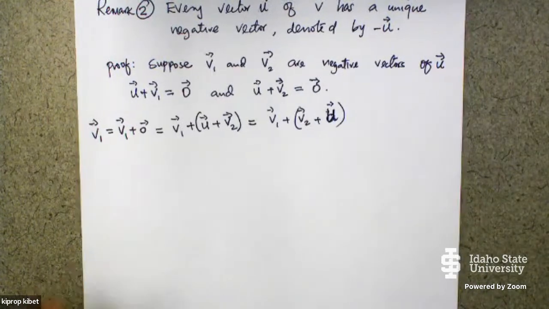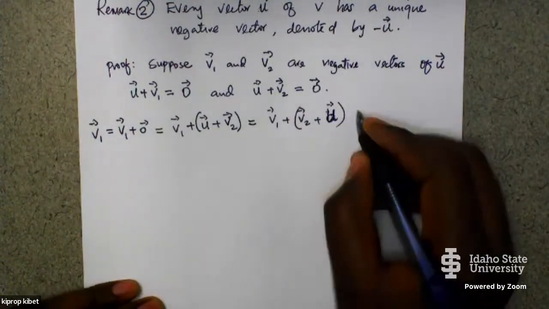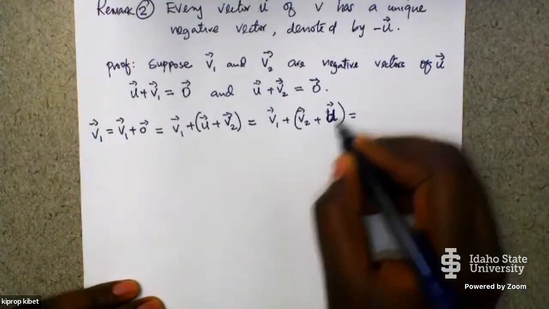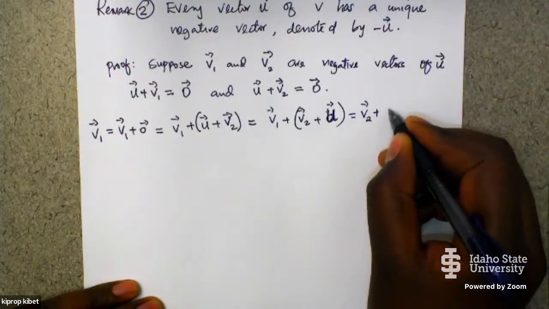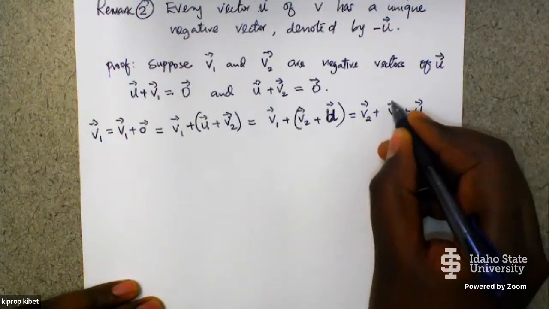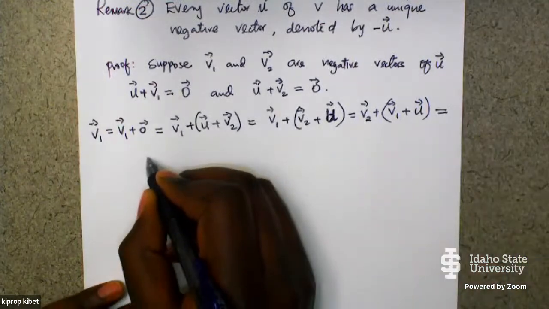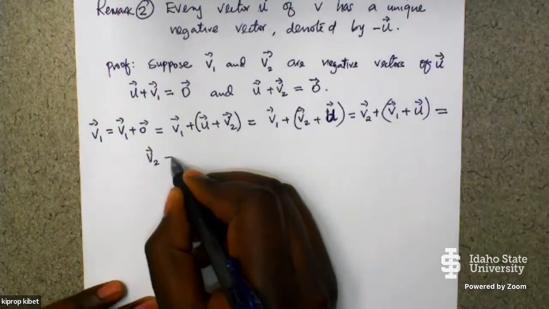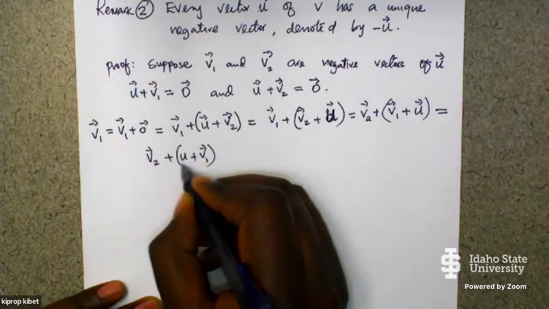So it can commute. So we can bring this here: V2 plus V1 plus U. And then this can also be written as V2 plus U plus V1, since this one commutes.